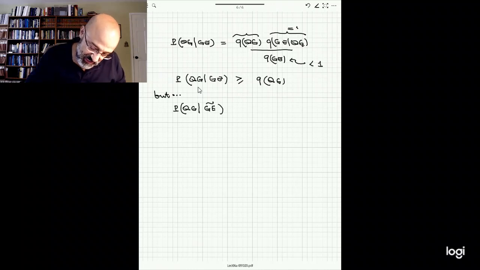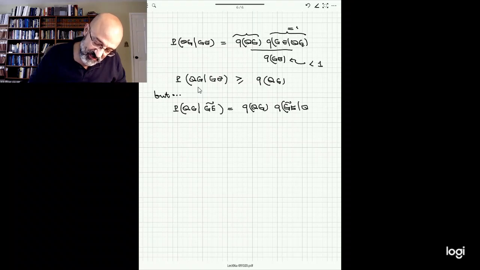If that is the case, this is still going to be the probability of quantum gravity, times the probability of not observing entanglement, given that gravity is quantized, and divide by the probability of no entanglement.